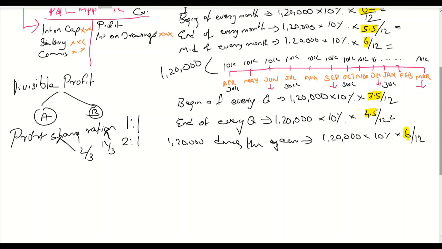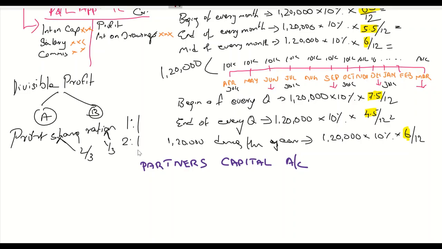Then the next thing that we are going to prepare is the partners' capital account. What is the speciality of the partners' capital account compared to the capital account we were preparing during sole proprietorship, or in class 11?